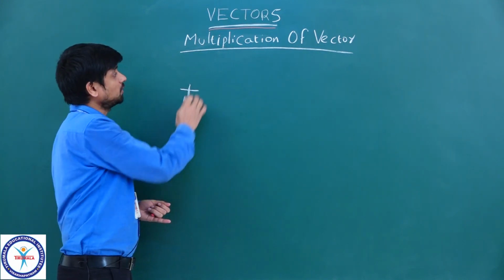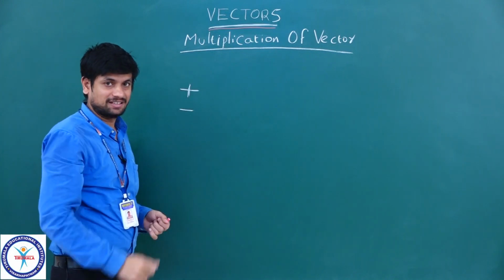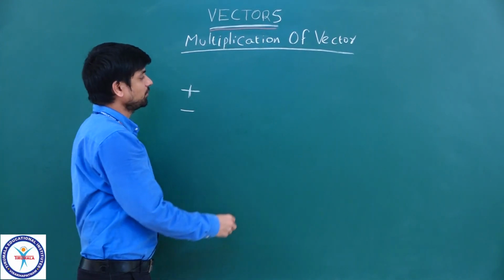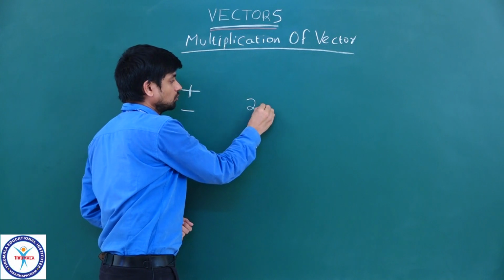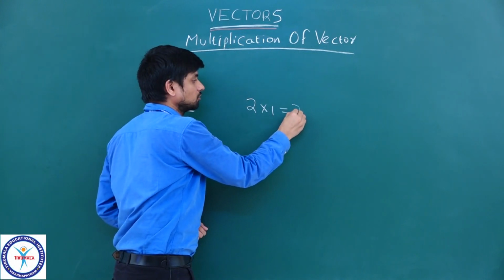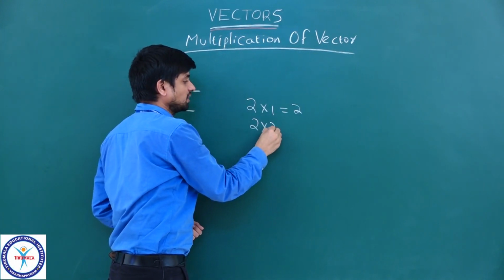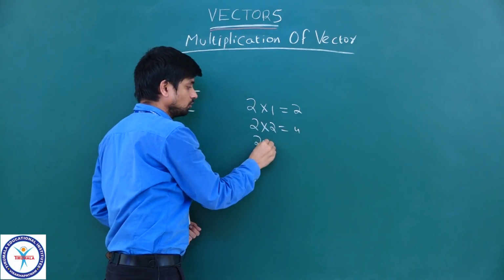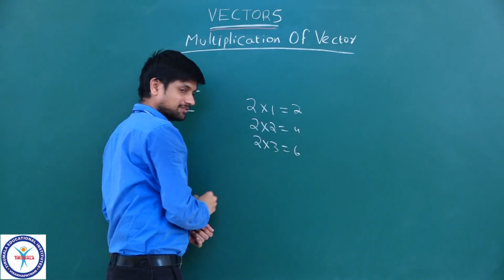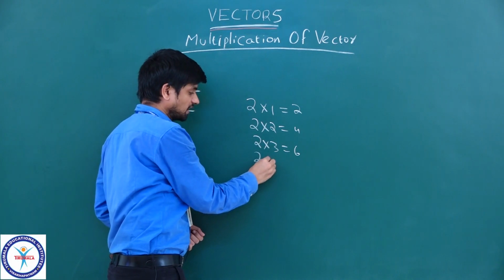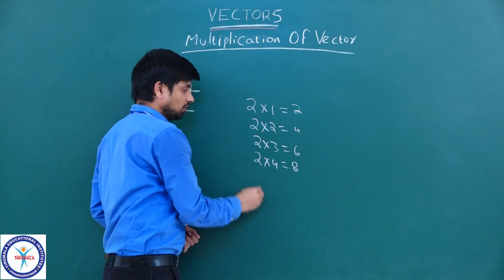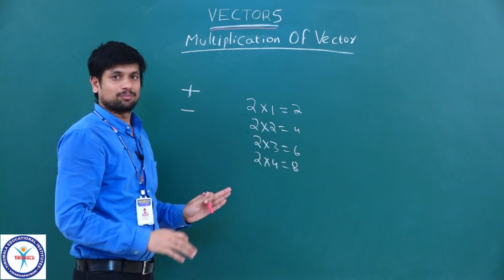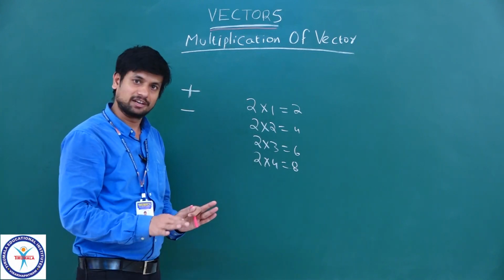Now, the third one, multiplication. In the number system, if you want to multiply, 2 1s are 2, 2 2s are 4, 2 3s are 6, 2 4s are 8. I said before, multiplication is nothing but addition.